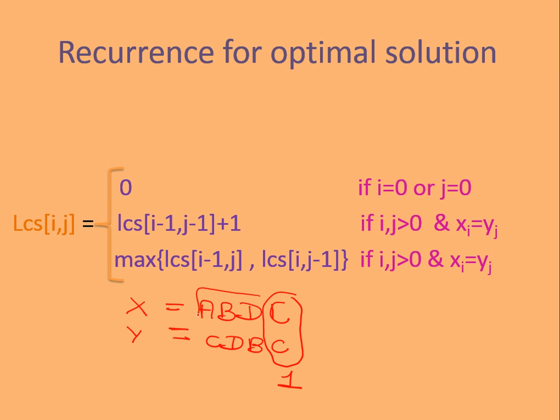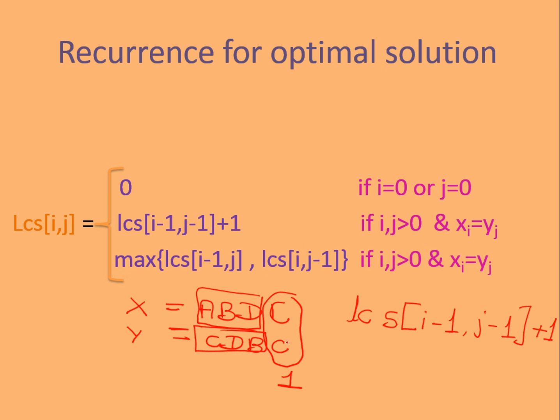Now you have to find LCS of this and this. Thus the problem reduces to solving LCS of I minus 1, J minus 1, plus 1.